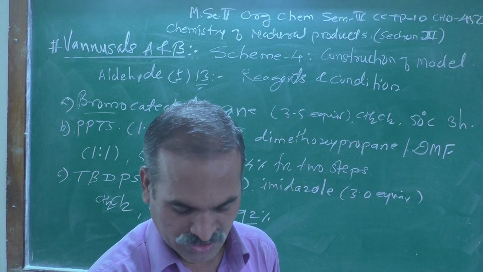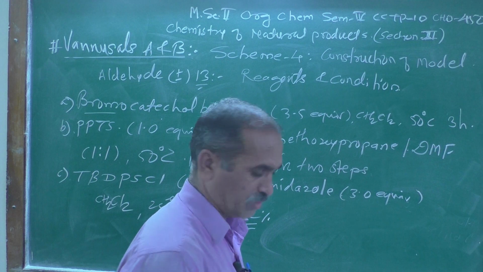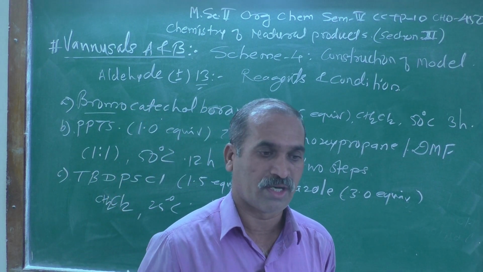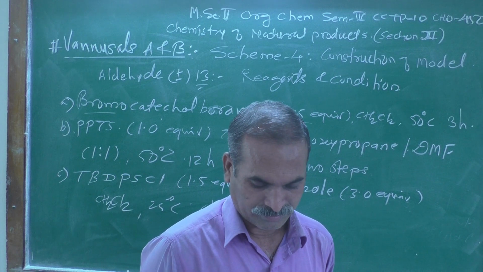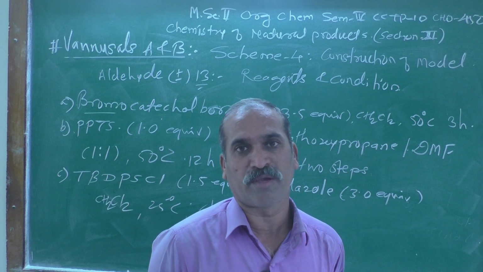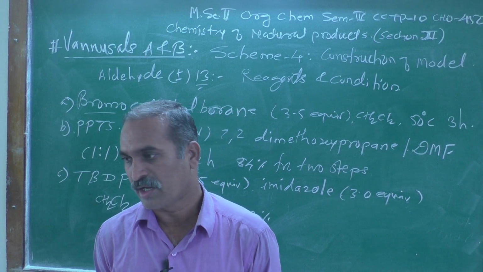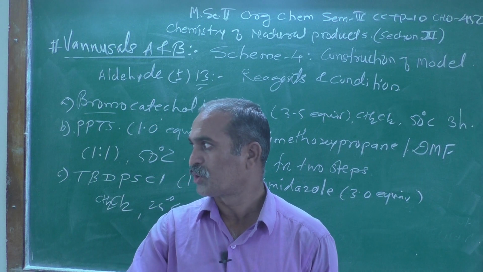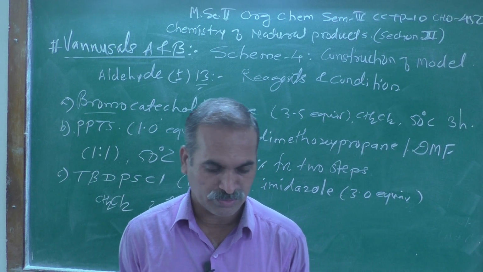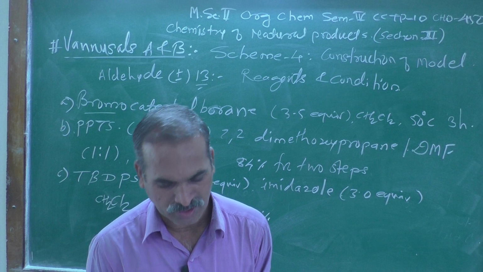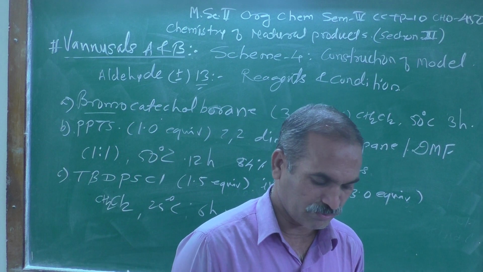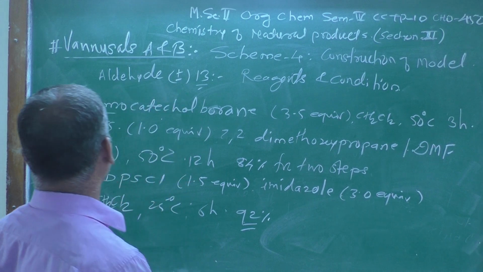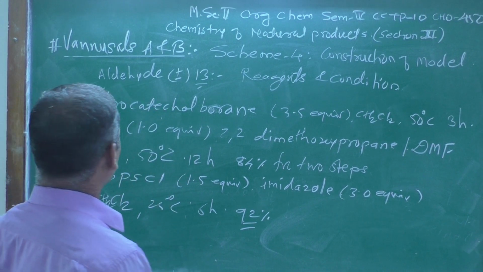That is why it is necessary to protect the particular functional group and treat the other functional group with a suitable reagent, and we can transform that compound into the desired compound, whichever you require. So, these are the reagents we have seen over here.